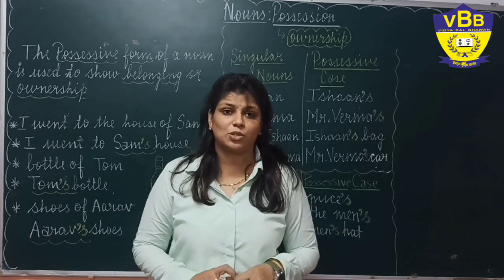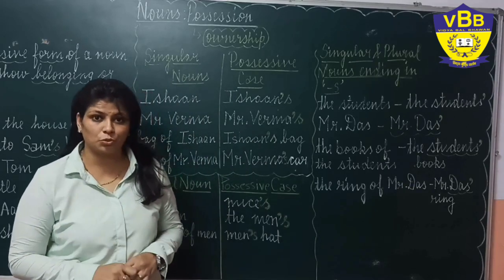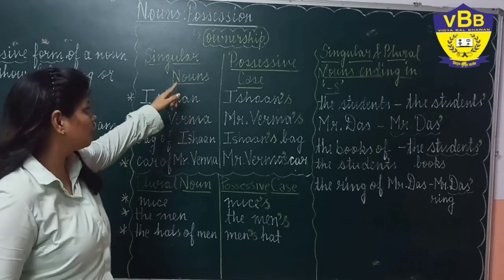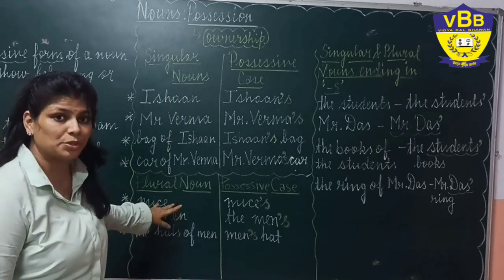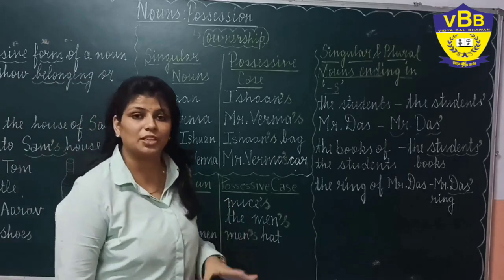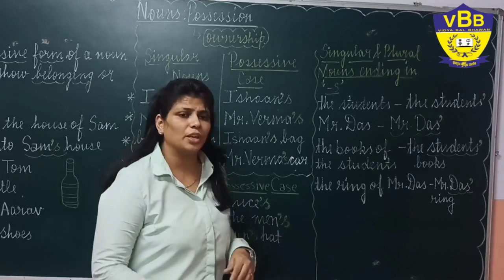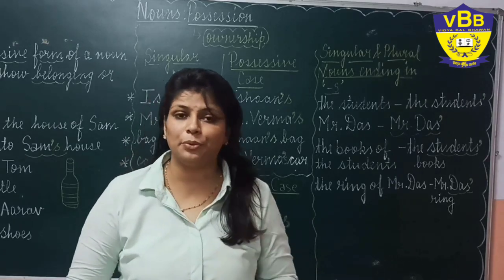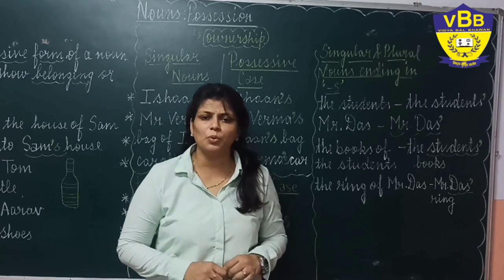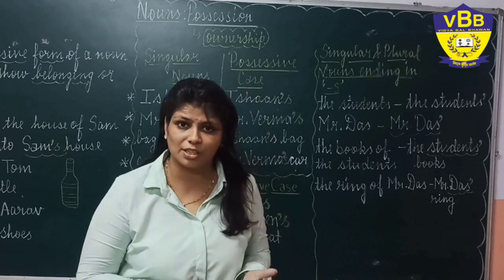Now, let's see the next rule. Children, I have explained to you two rules just now, that is, using the possessive case for singular nouns and plural nouns. In these, we were adding apostrophe S to make it into the possessive case. Now, if the singular and plural nouns are ending with S, what should we do to make them into the possessive case?